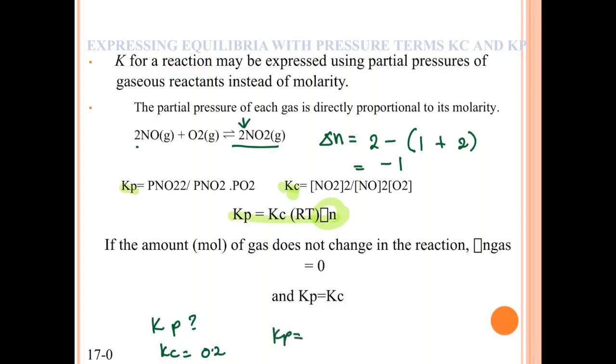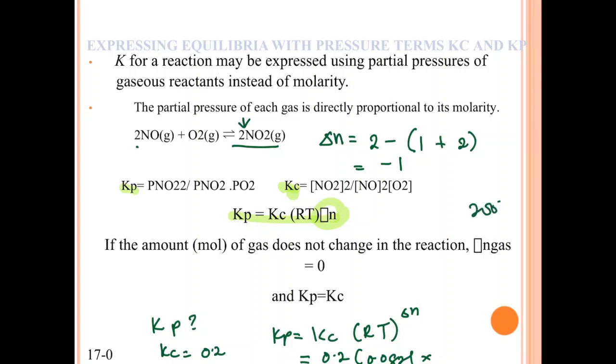So Kp is equal to Kc RT to the power of delta N. It is equal to 0.2 multiplied by 0.0821 multiplied by the temperature.